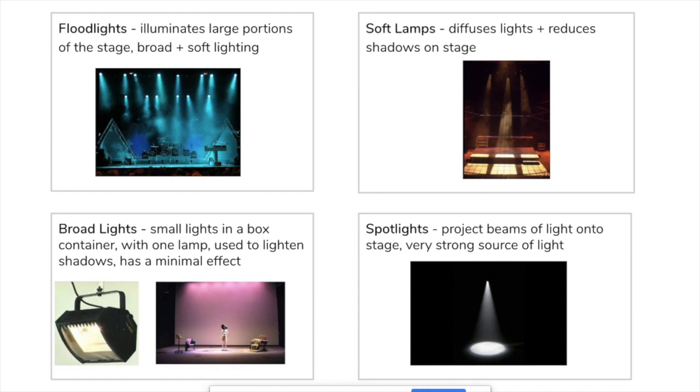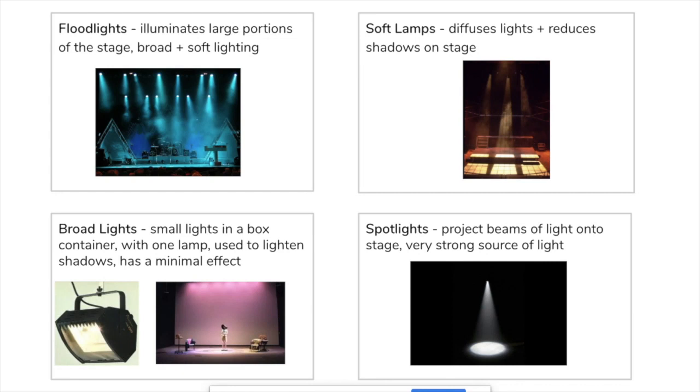Soft lamps diffuse light, it's kind of like a floodlight, and again it's not as dramatic and harsh, it's more just soft. Broad lights are small lights in a box container with one lamp used to lighten shadows, also with a minimal effect.